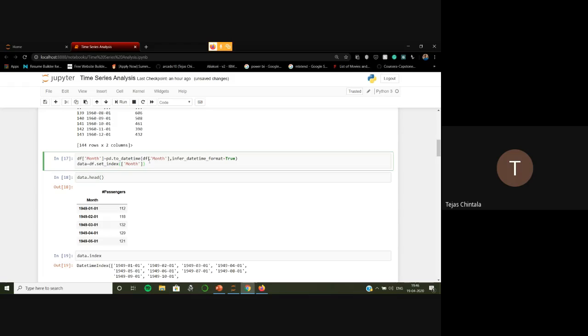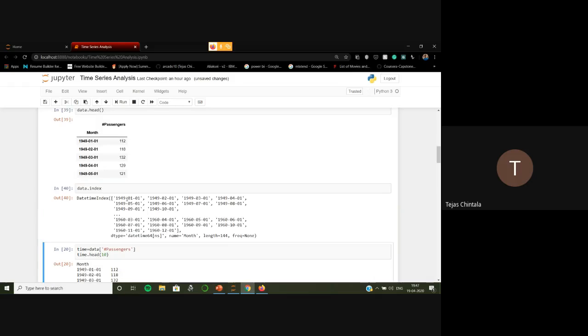I'm changing the month column to its datetime format, and I'm setting the index of the data as month. If we run this, we get the month as the index of the data frame, and this also tells us the index.